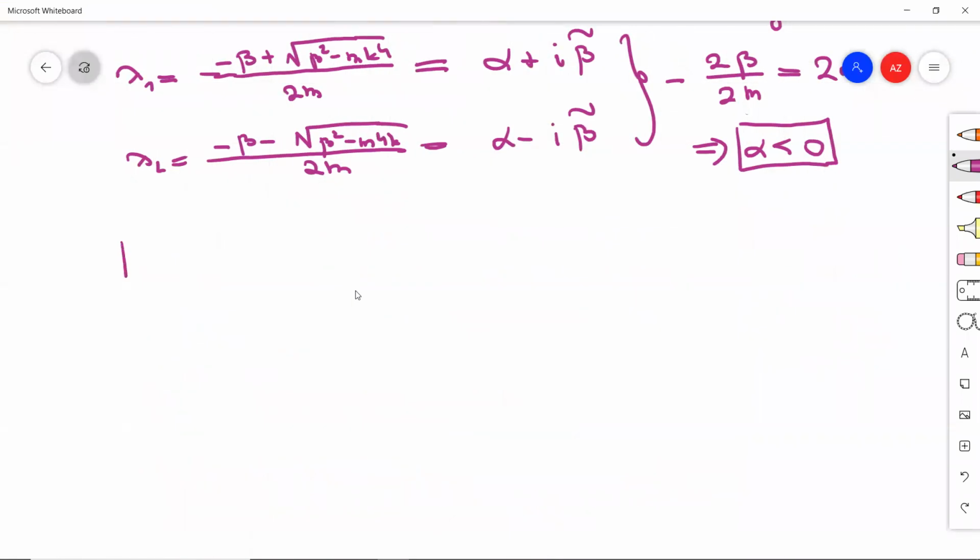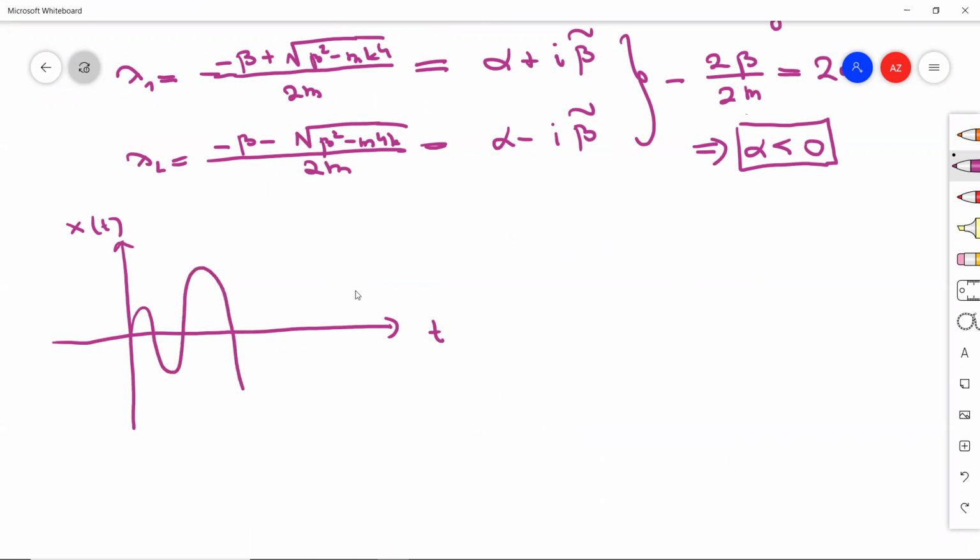And the picture of the motion is then something like that. This is t, this is the displacement. And so the displacement is really periodic, but it's going to infinity. And so on.